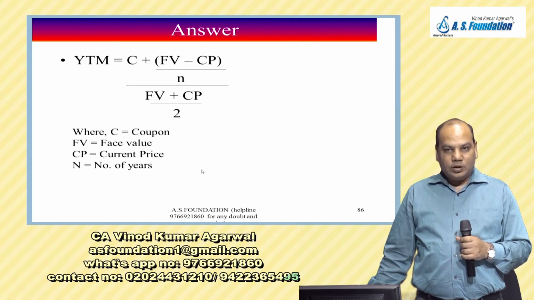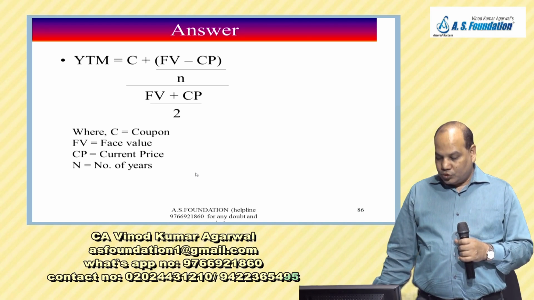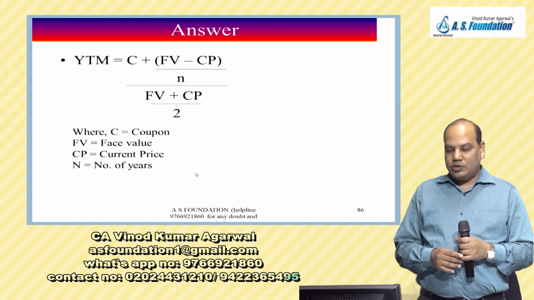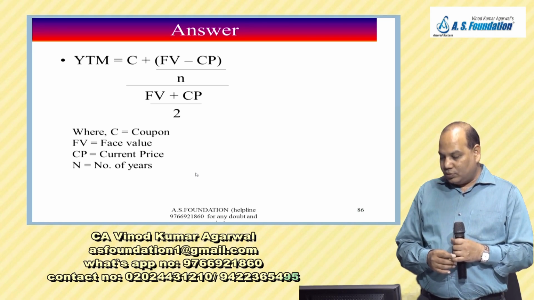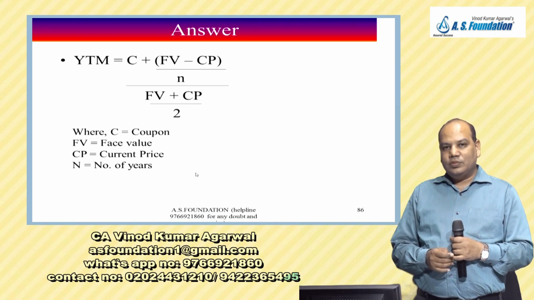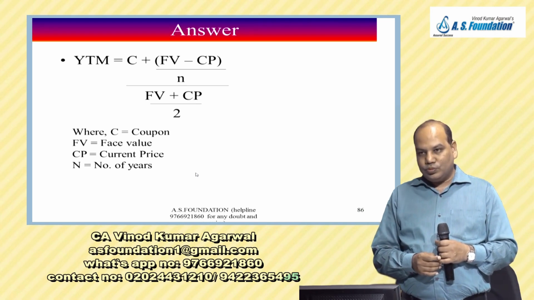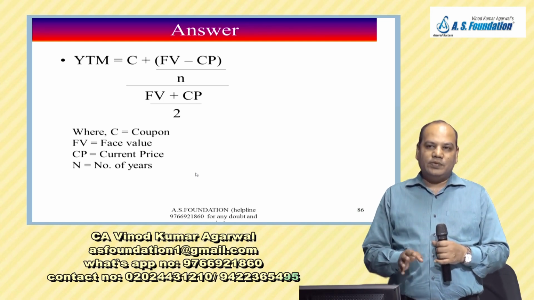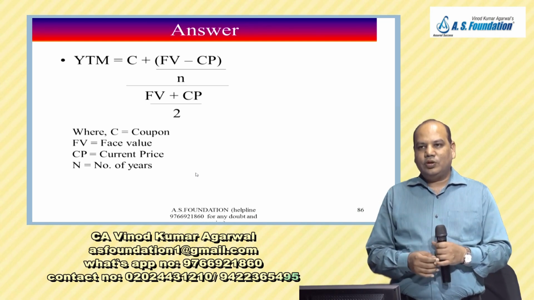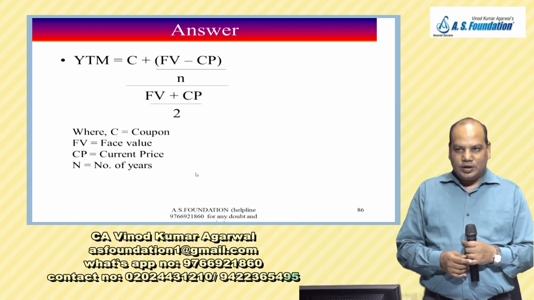After writing the formula, solve. I will give you the formula on the screen. C means coupon plus face value minus current price upon number of years upon face value plus current price divided by 2. The logic of this formula we have covered in SFM batch. So right now we will not go into that detail.